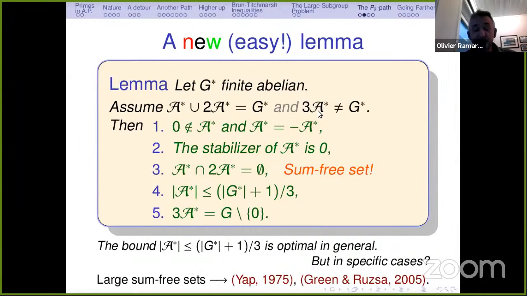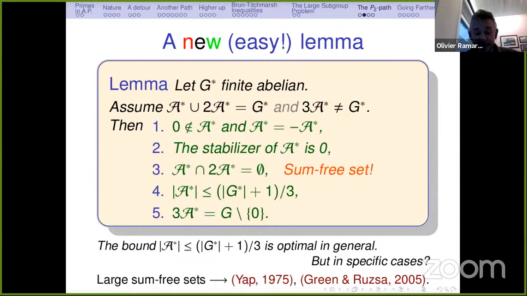You want to cover everyone with products of 3. So assume you don't cover them. But you know by these P2 numbers that A star union 2 A star covers everything. So what happens is that you discover that A star is a sum-free set.